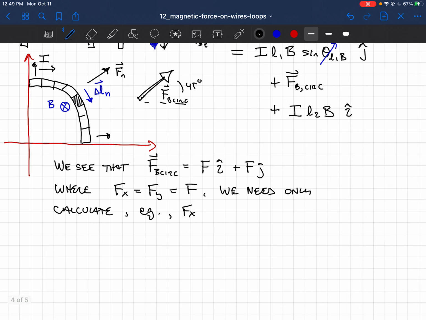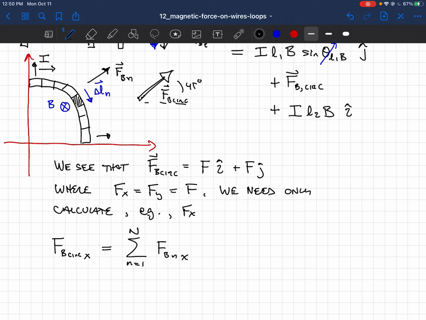Okay, let's calculate it. So we're looking for F B circ x, and that's going to be the sum from n equal to 1 to capital N of F B n, the force on each, but in the x direction. So I'm really just looking for the x component of it. And let me just label this thing. This is what I mean by F B n, the force on one chunk.